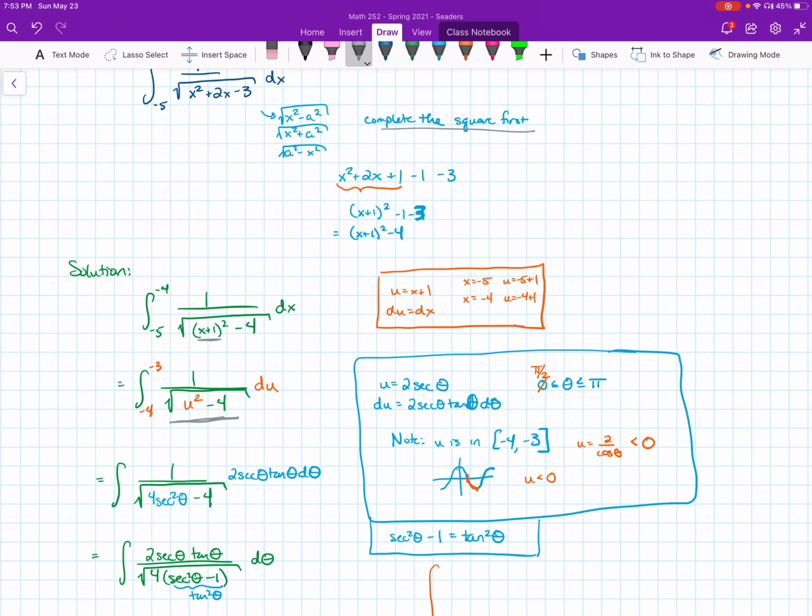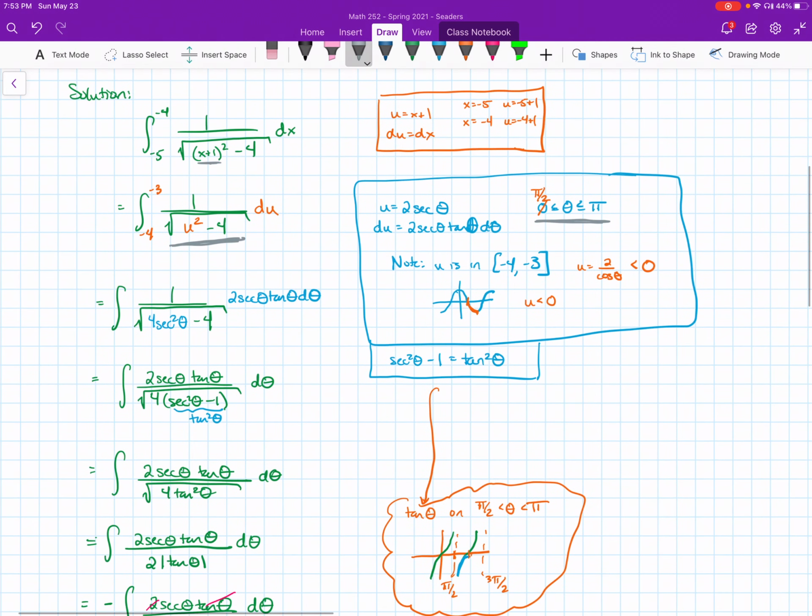We knew that it was a u squared minus a squared form, so that told us to use a 2 secant theta for our trig sub. And we noticed our limits gave us a domain for which we were considering this trig substitution. And that was essentially when cosine was negative, and it turns out that tangent will be negative as well on that subinterval. So we did our trig sub.